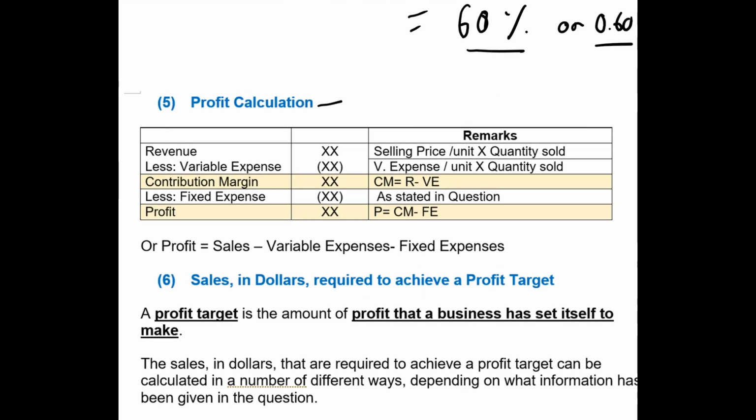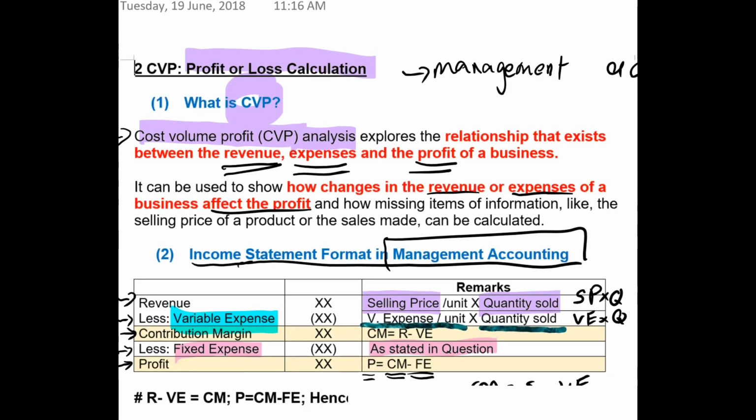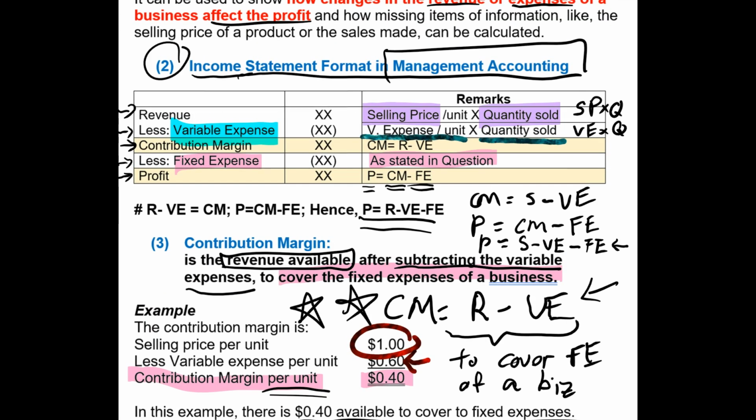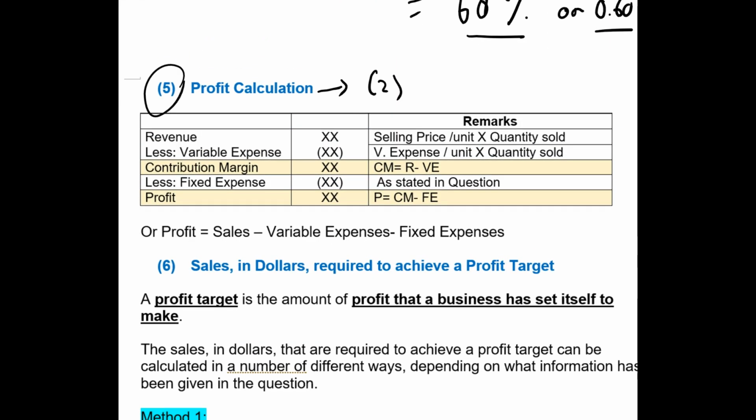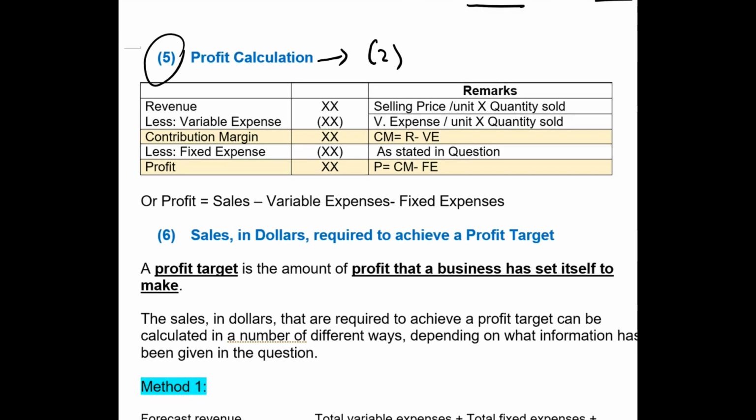This one is the same as bullet point number 2 just now. These two are the same. Bullet point number 2 and bullet point number 5 will be the same. How to calculate profit? Profit for management accounting, you need to take your revenue minus your variable expenses. You will get your contribution margin. So this equals contribution margin. Then after that, you take your contribution margin minus off your fixed expenses.